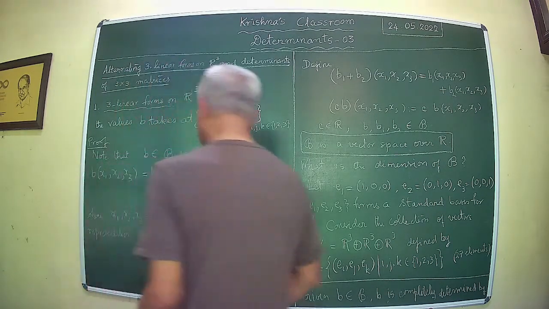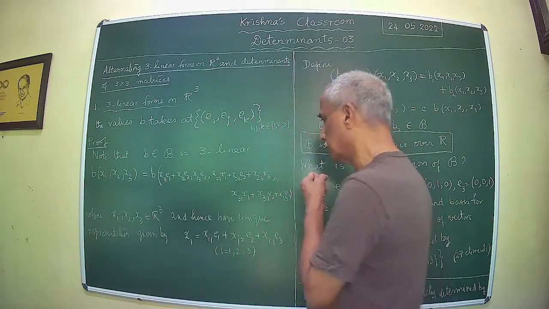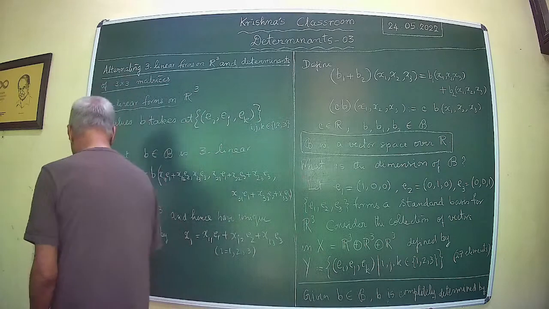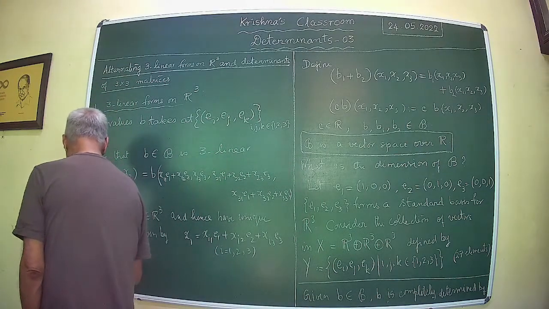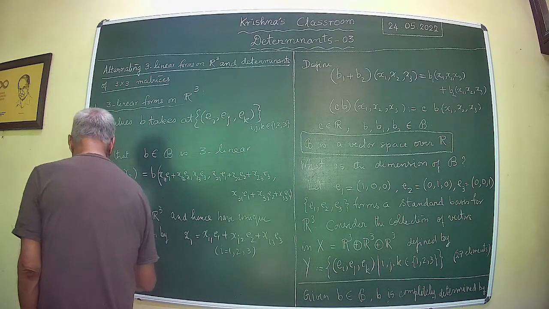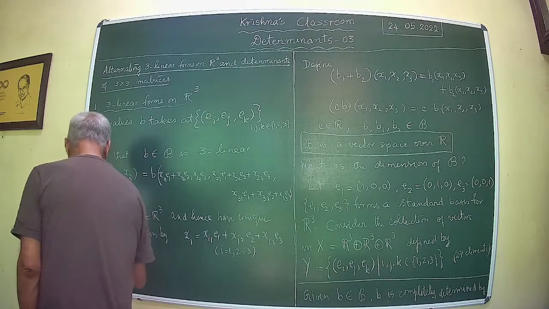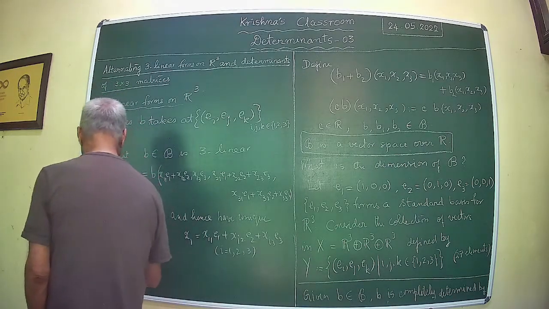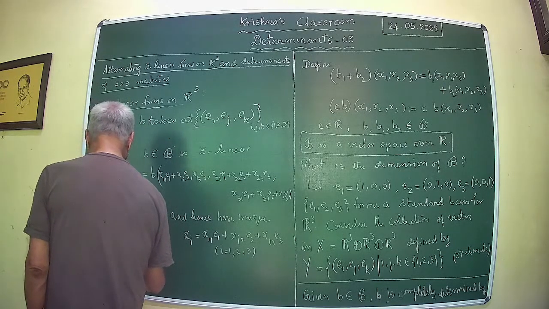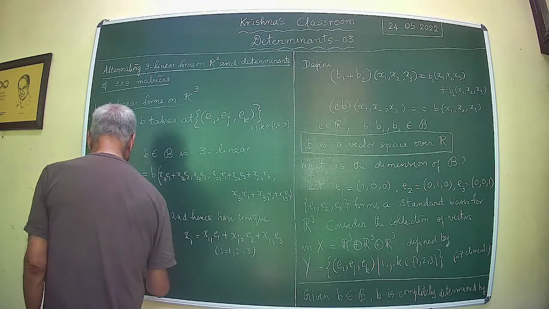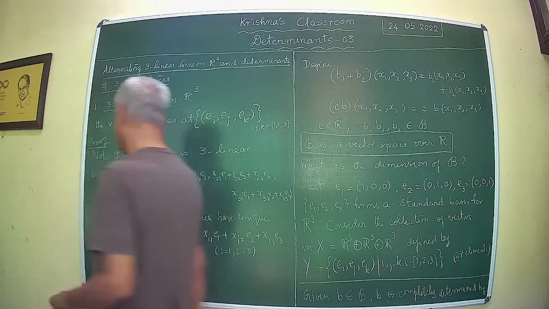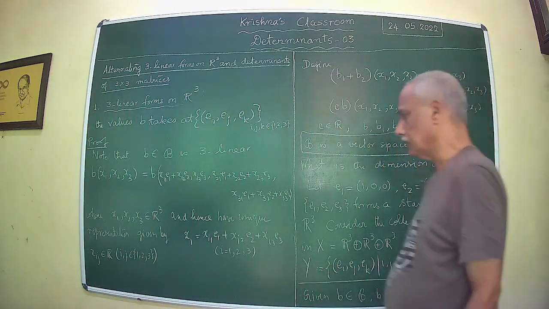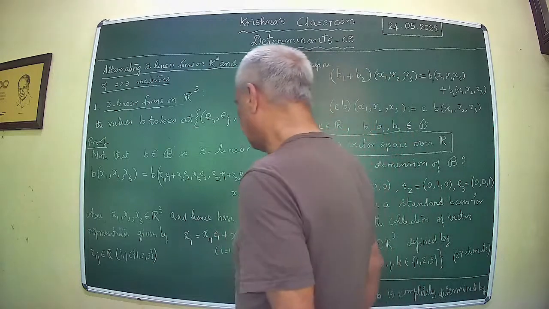The scalars are uniquely determined. Okay, so the xij's are scalars. Therefore, each vector is now uniquely represented by this.